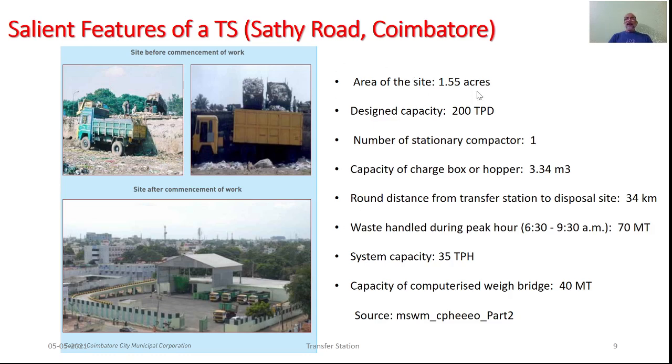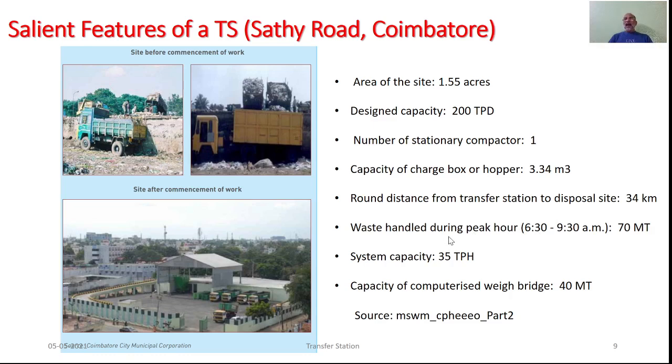The area is 1.55 acres. The design capacity is 200 tons per day. It is equipped with one stationary compactor. The capacity of the charging hopper is 3.34 cubic meters. It is established at 34 kilometers from the disposal site.